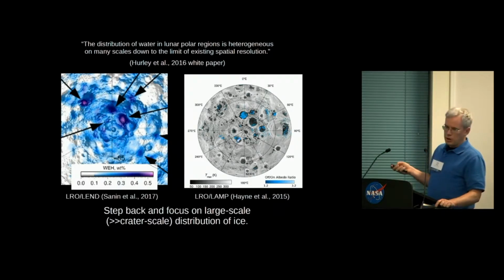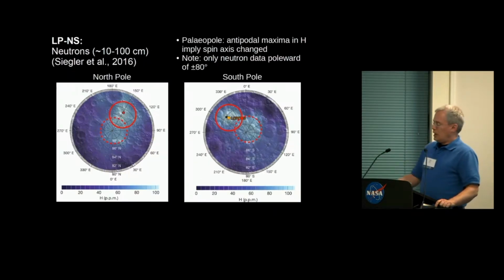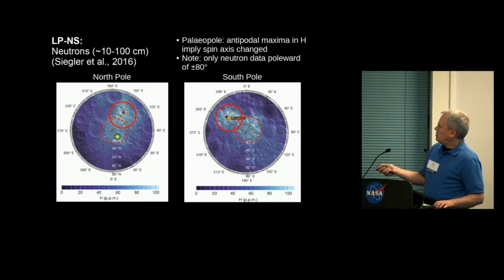a larger spatial scale. And here is something we saw two talks ago, if you don't recall. This is now Lunar Prospector neutron maps of both poles, and there are two concentrations of hydration at each pole. One concentration centered on each pole, shown in the dashed circles here.